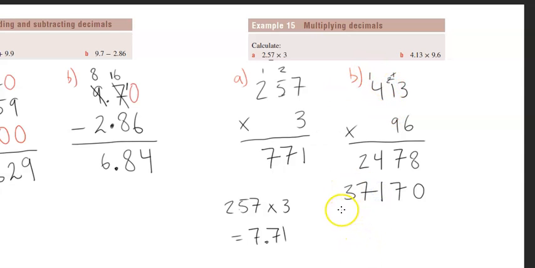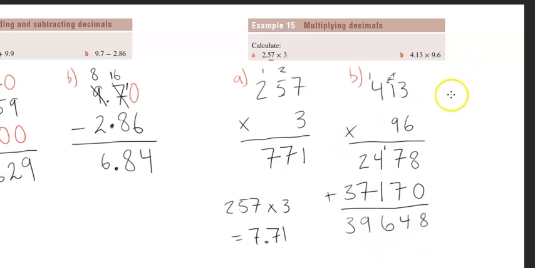is 37. We're going to add these 2 up. 8 plus 0 is 8. 7 plus 7 is 14. The 1. 4 plus 1 plus 1 is 6. 2 plus 7 is 9. And 3 coming down here.